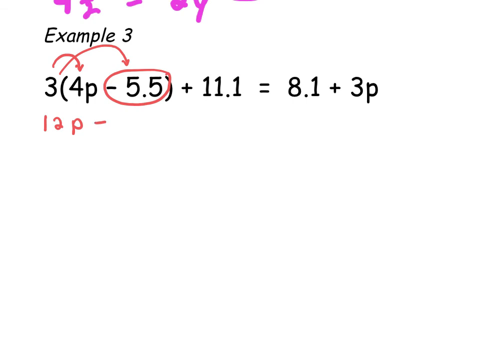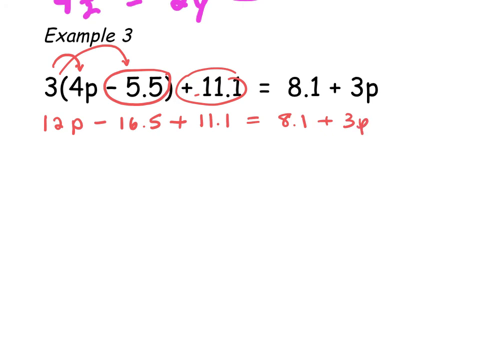And that is a negative 16 and 5/10. Now this term here, plus 11 and 1/10, is not within the parentheses, so we just drop it down as is. And on the other side, we just drop that down. We drop every term down as is.